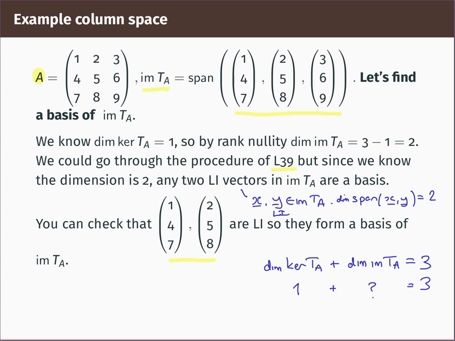If they weren't, one of them would be a scalar multiple of the other, and it's very easy to show that's not the case. There's no scalar which you can multiply the second one by to get the first, or multiply the first one by to get the second. And therefore they're linearly independent, therefore they are a basis of the image of T_A. So the rank nullity theorem very often gives us information which we can use to make calculations of bases of kernels and images easier.